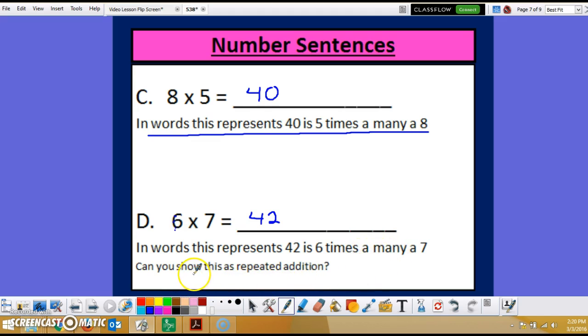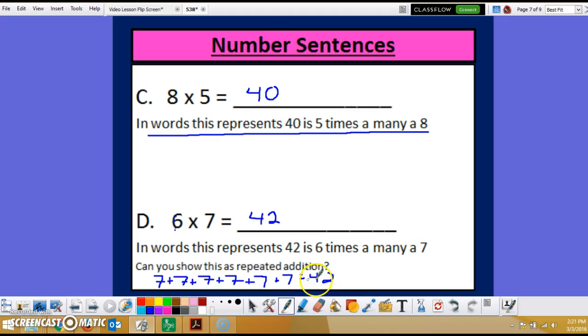Can you show this as repeated addition? I sure hope you could, because we talked about how multiplication is nothing more than repeated addition. So there's two ways you could write this. You could either write 7 plus 7 plus 7, this is another number sentence, by the way, plus 7 plus 7 plus 7, which would be 42.